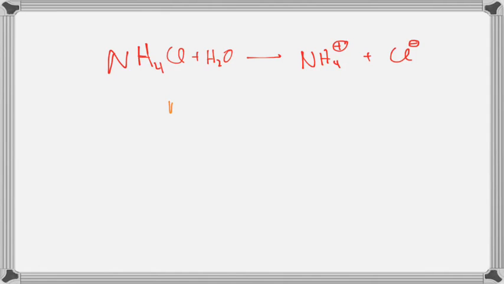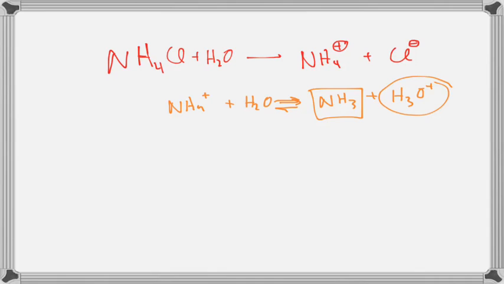If we take NH4 plus and react it with water, what do we get? NH3 and H3O plus. So at this point, we've assumed a reaction occurs. Now we go back and ask, was it fair to make that assumption? Is NH3 a strong acid or base? No. Which means we do have an equilibrium, which means we do have an effect on the pH.